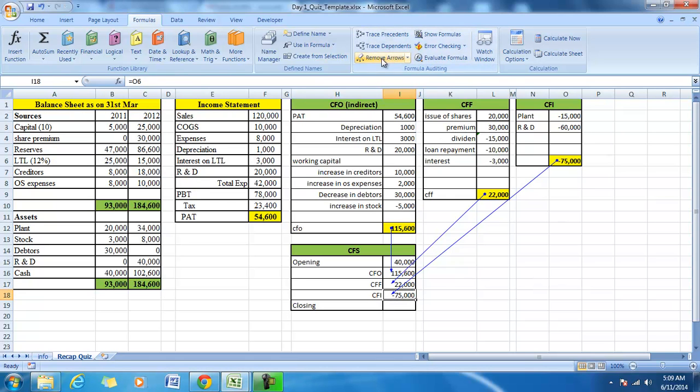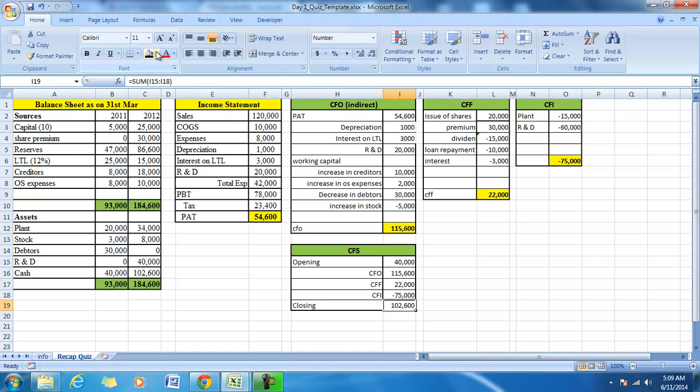The summation of this should be equal to cash in hand on the balance sheet, and the cash in hand on the balance sheet is 102,600.